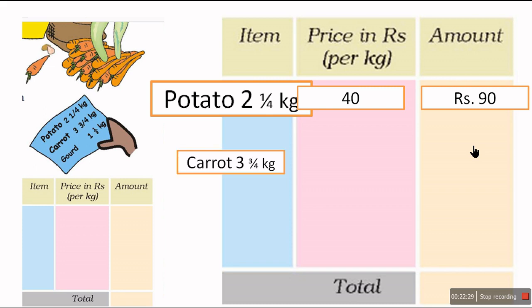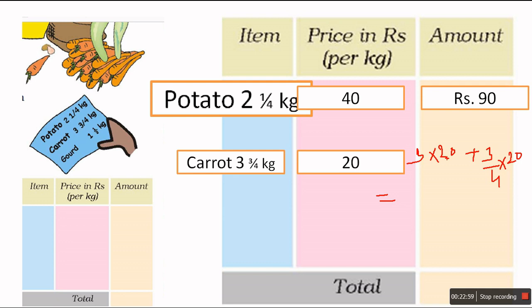Now carrot, 20 rupees kg. So into 20, because we need to buy 3 kg, so 3 into 20 plus 3 quarter multiply by 20.